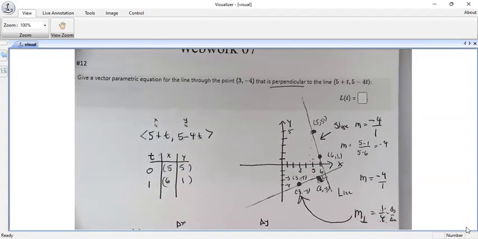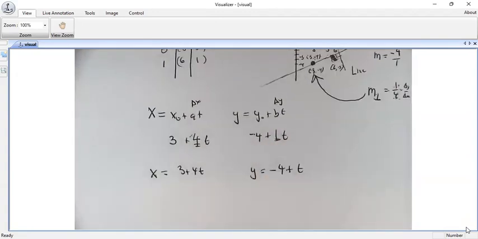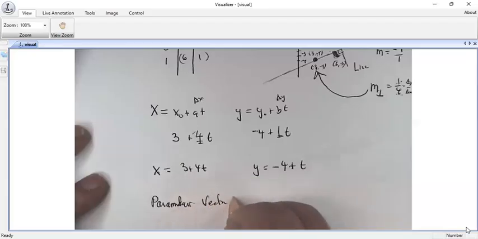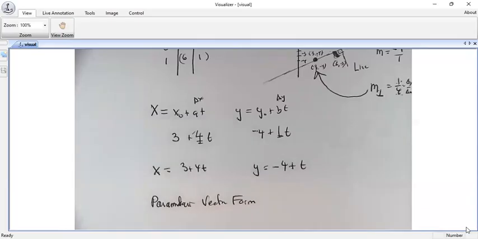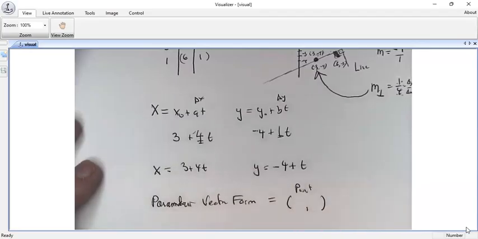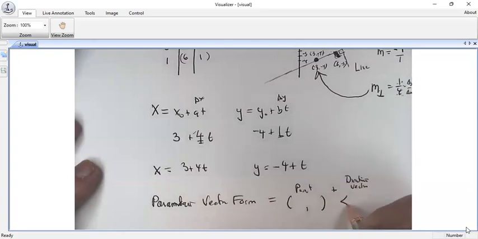But last thing, it's WebWork. They're very particular about how they want you to write the answer. They wanted you to write the answer in parametric vector form. The parametric vector form is basically the point as a vector, but typically we write it as a point, using round brackets, plus the direction vector times t.